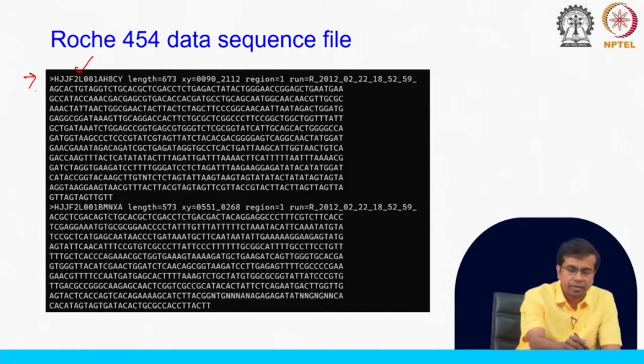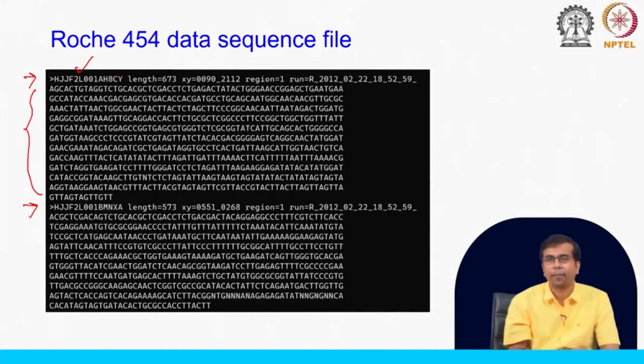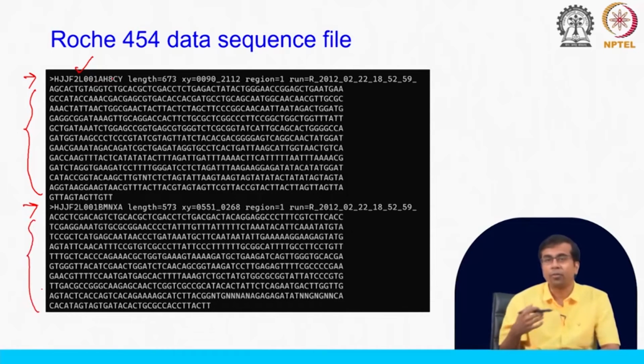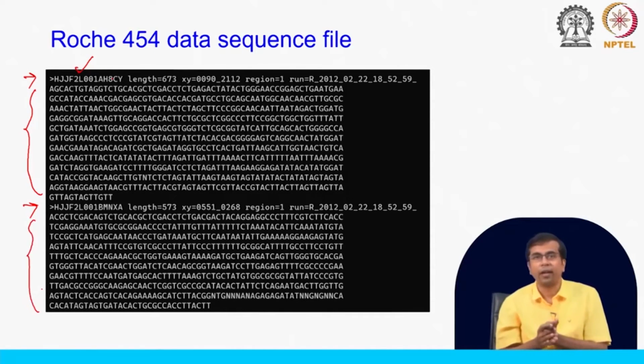Then you have the actual DNA sequence, and a second header line. This is how the data is stored: a header line, a sequence, then another header line, the next sequence, and this goes on. If you are getting 100,000 reads from 454, you will have these 100,000 sequences one after another. So this will be quite a big file. You can imagine how much data will be there.